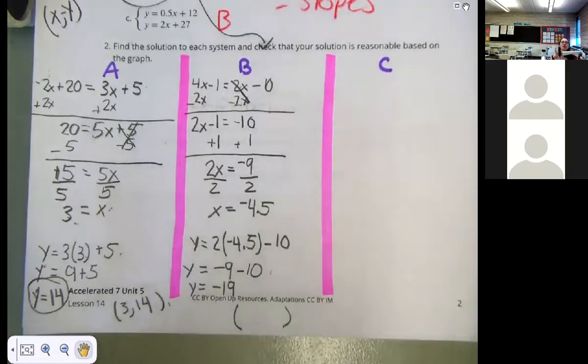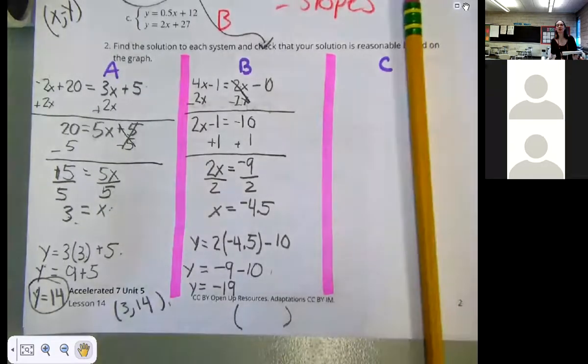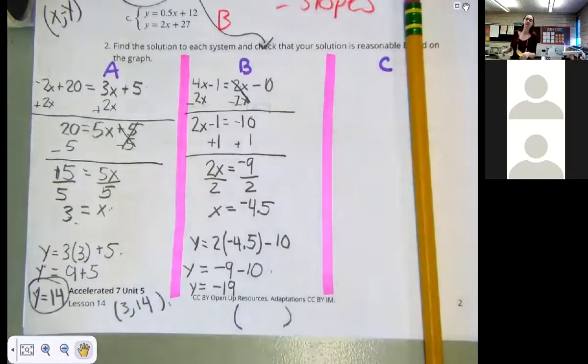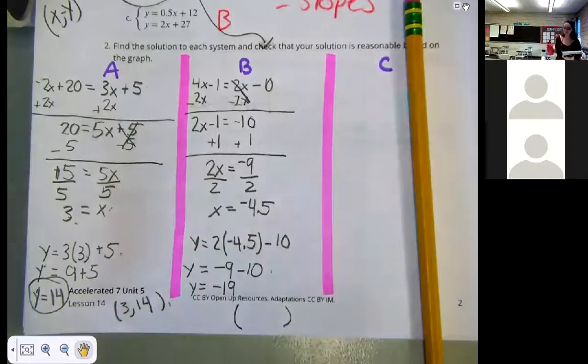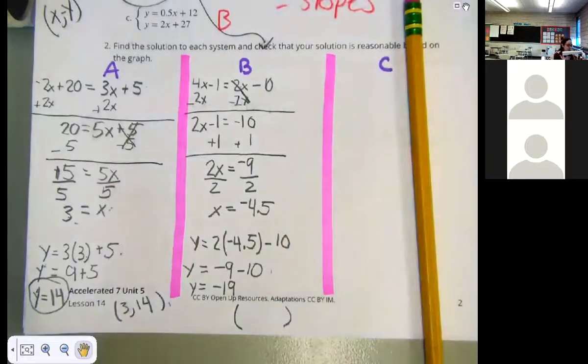Okay, we're taking 10 more working seconds. Okay, here we go.